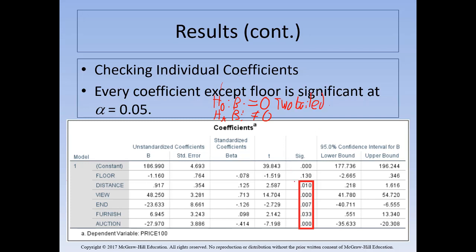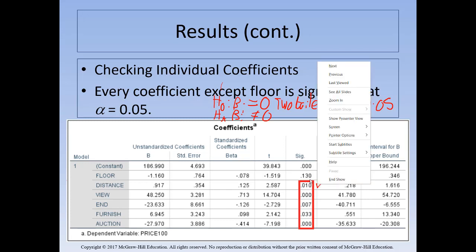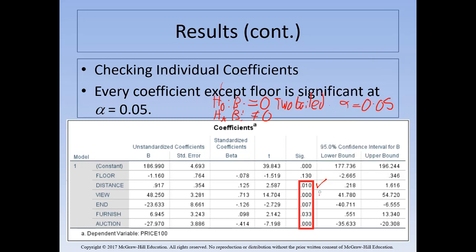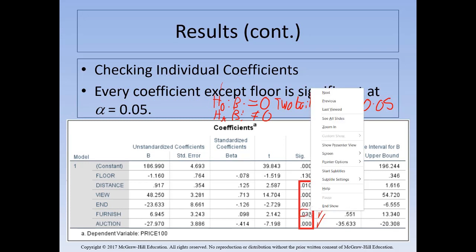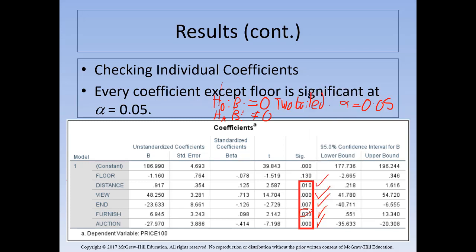Let's set our alpha equals 0.05. Do we reject the null hypothesis? Yes, this is significant, and this is significant and positive. Yes, this is significant. Yes, significant. Yes, significant. If we'd set alpha equals 0.01, if we'd been stricter, then this wouldn't be significant. This is kind of marginally significant.